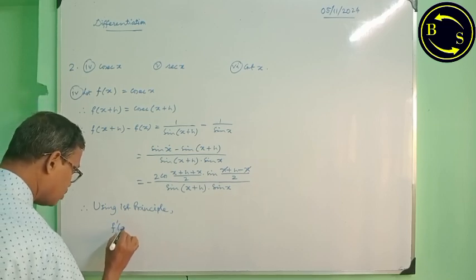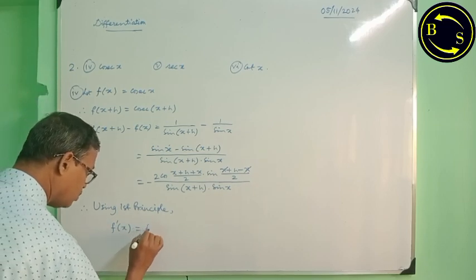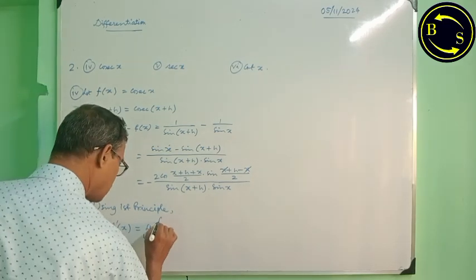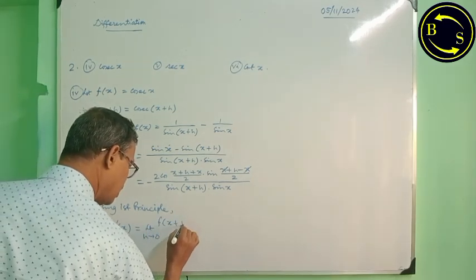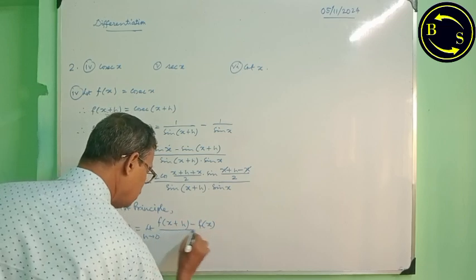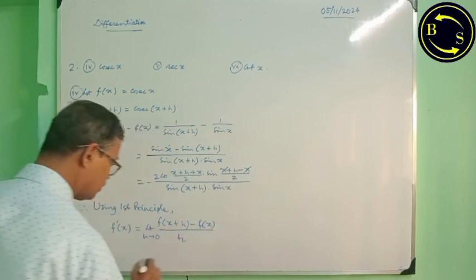f dash x is equal to limit h tends to 0, f of x plus h minus f x divided by h.